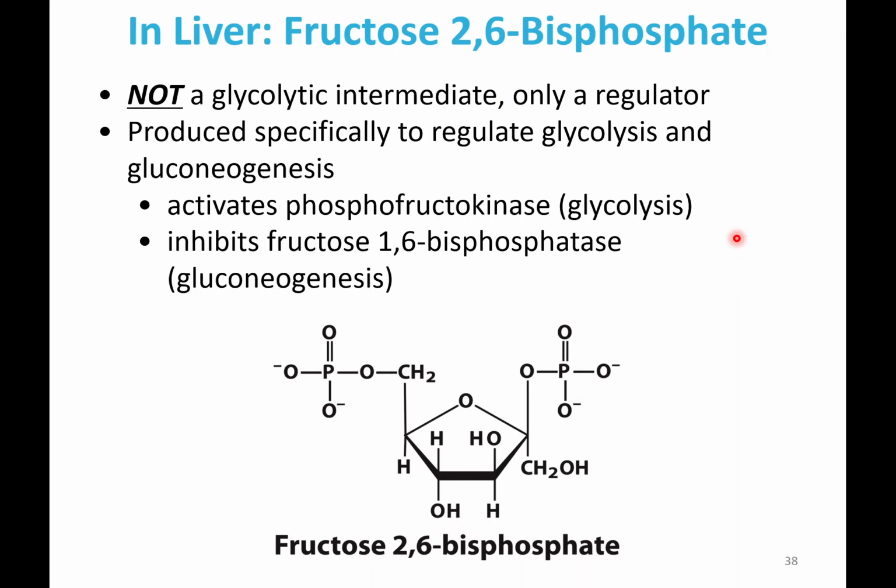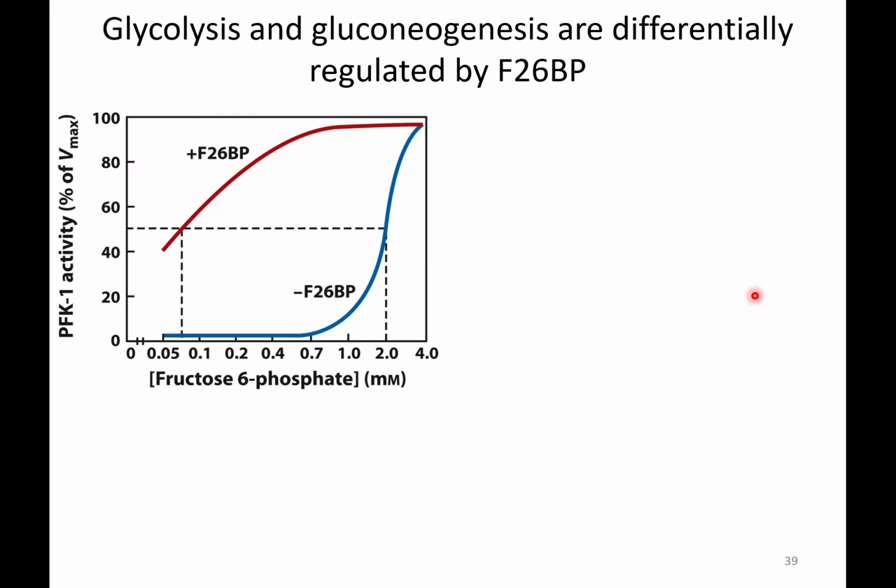What fructose 2,6-bisphosphate, or F26BP as it's sometimes abbreviated, does is it activates PFK1 in glycolysis and inhibits fructose 1,6-bisphosphatase in gluconeogenesis. So this one molecule can activate glycolysis and inactivate gluconeogenesis.